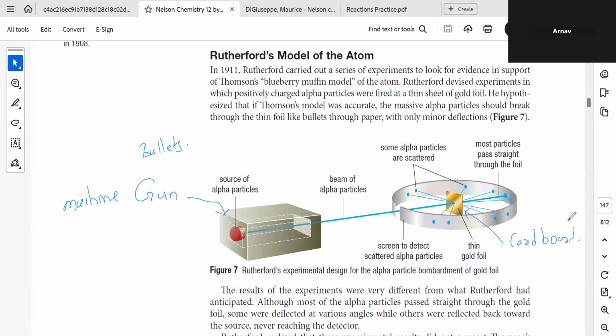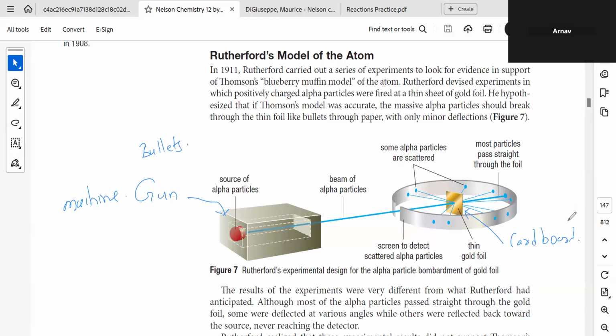So think, if you have a machine gun and a cardboard, and you fire the machine gun on the cardboard, what should happen? It goes through, right?